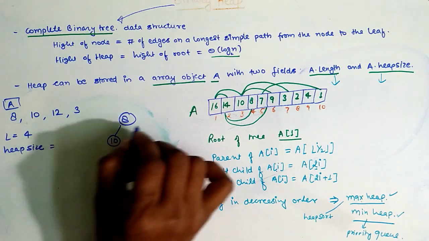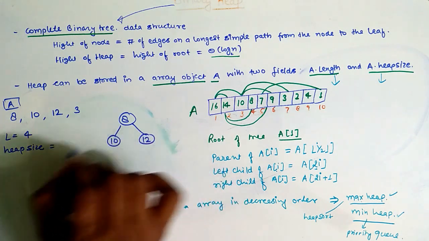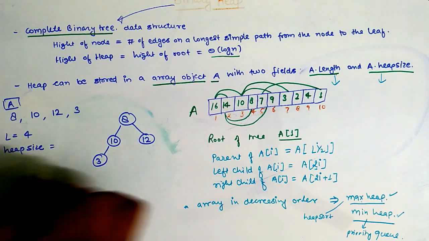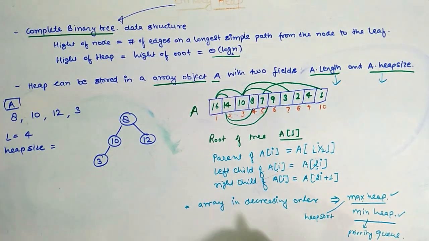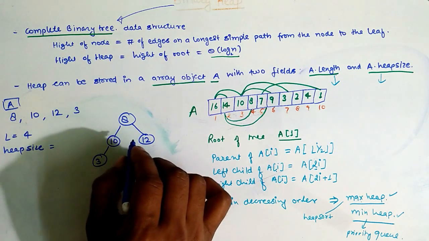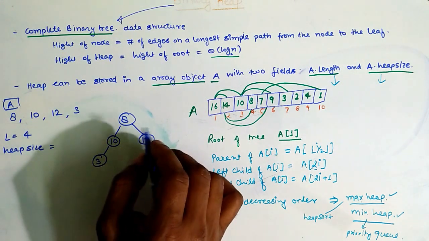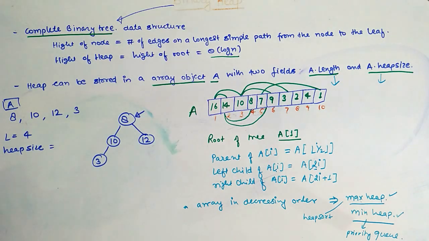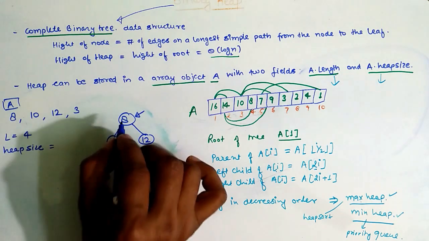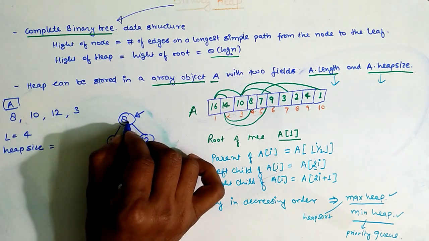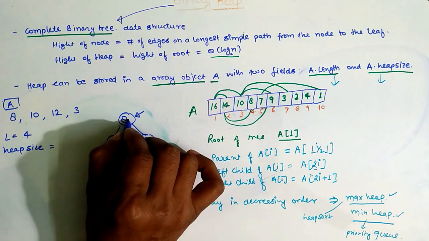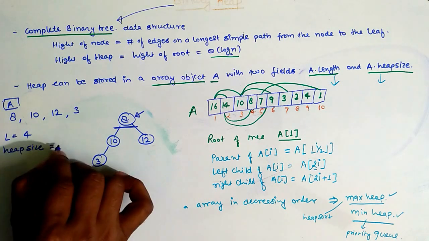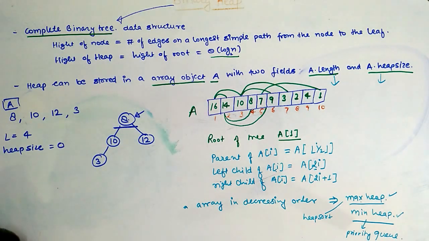So 10 will be here because it is a complete binary tree, 12 will be here, then 3 will be here. If I consider this tree as a max heap, then the heap property does not hold from the initial point itself, because the root value is smaller than the child value. So I cannot put this element into the heap. So the heap size in this case is 0.